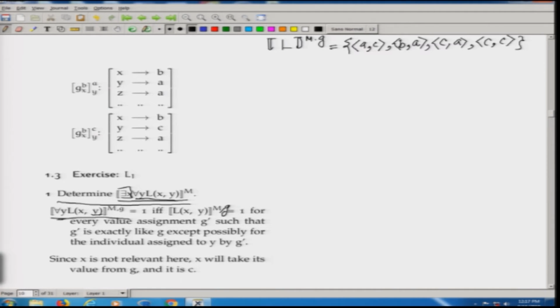Then what will x do? We know the structure of G, which is all the time important. G is: x gets C, y gets B, and Z gets A. This is the structure, something we need to remember all the time.